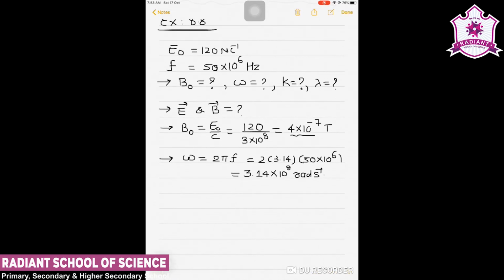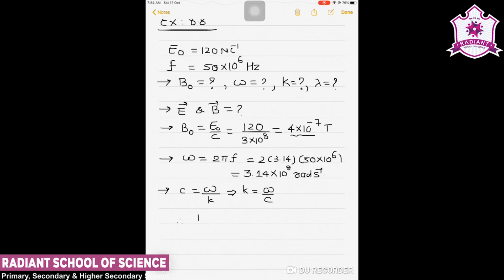We can use the equations of even 11th standard also, that is c equals omega over k, and therefore we can say that k equals omega over c.